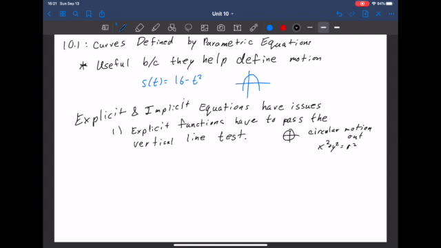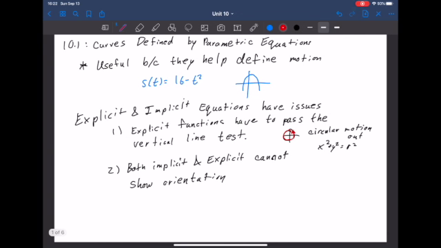But either way, both implicit and explicit cannot show an orientation. You can say, oh, well, we're going around the circle in a counterclockwise way, but there's nothing in the equation that will give us that.